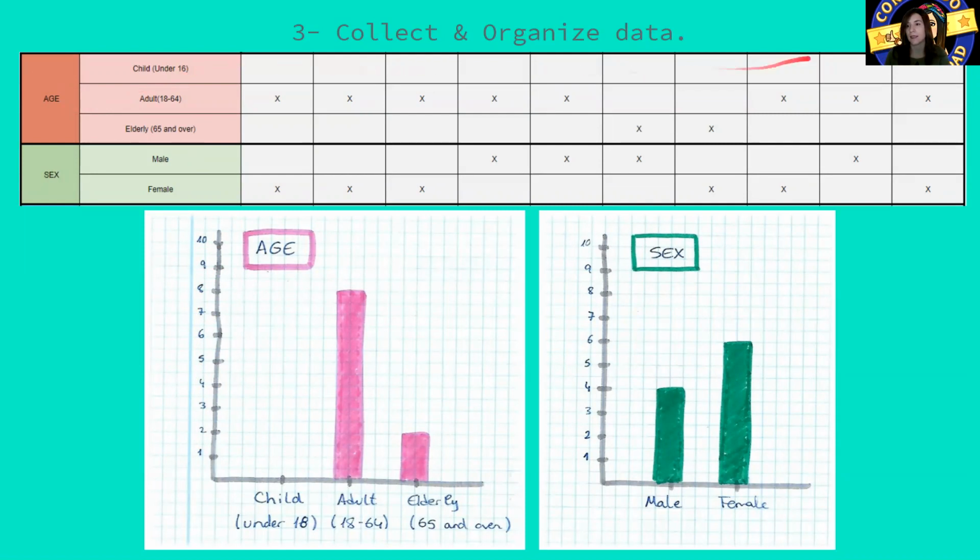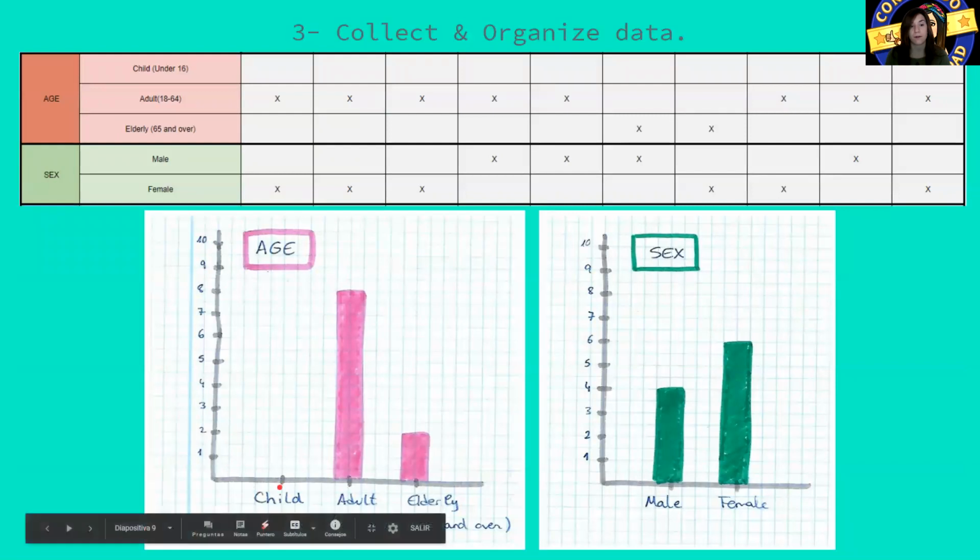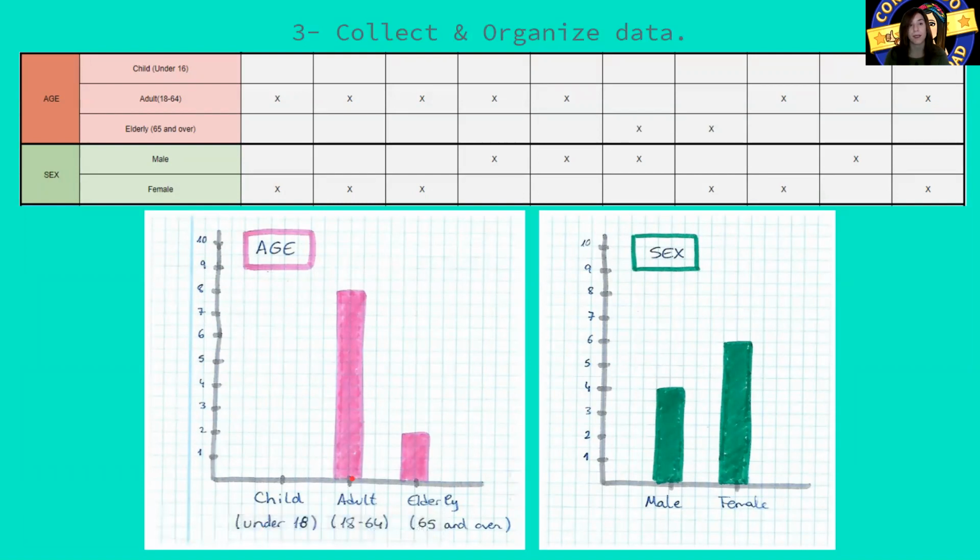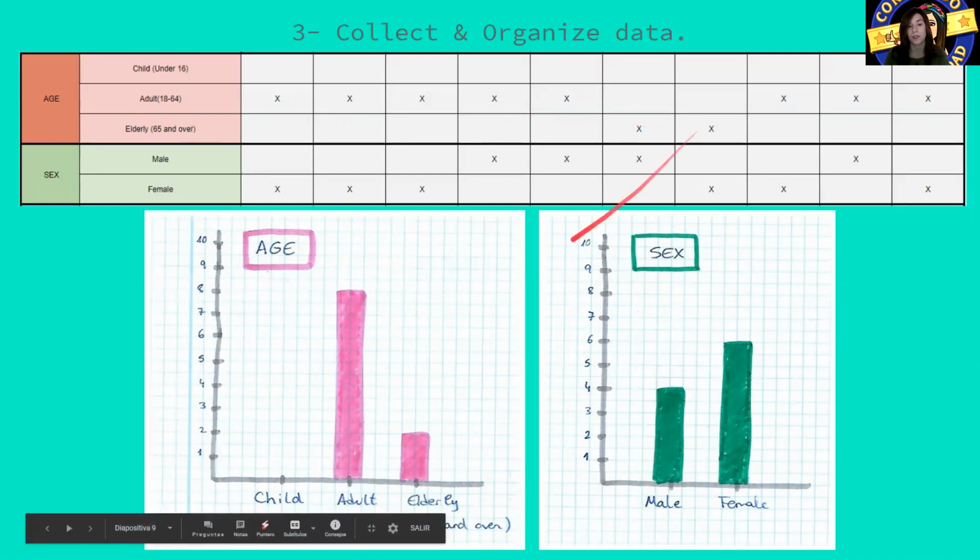And I see that none of them were. So on my graphic, I don't draw any bar. Adults, 1, 2, 3, 4, 5, 6, 7, and 8 adults. So I take the bar up to the number 8. And finally, elderly people, just 2.